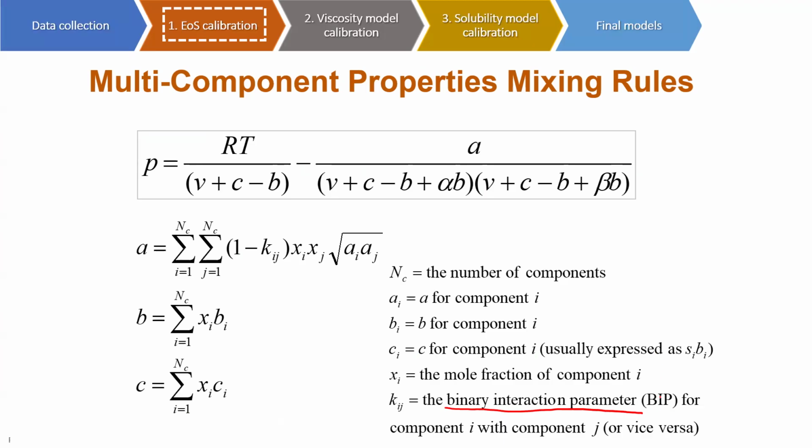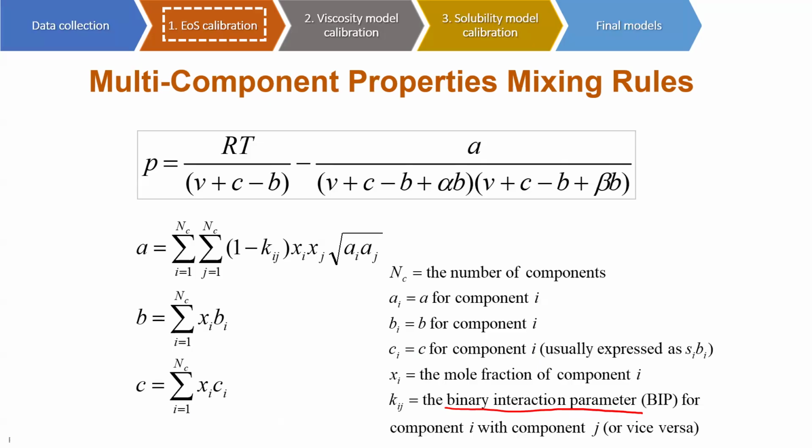BIP is the acronym of binary interaction parameters, or coefficients. Some authors like to call them binary interaction coefficients, another name for the same thing. And they will control the attractive and repulsive force among the components.